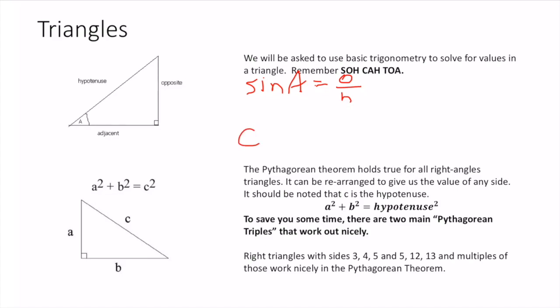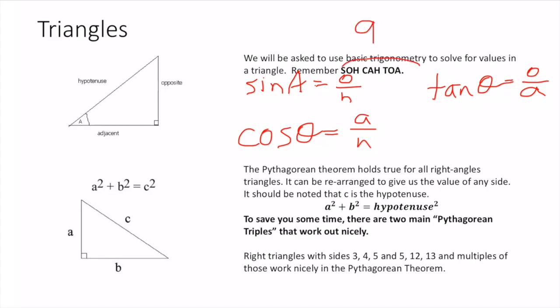Cos of any angle equals the adjacent side over the hypotenuse, and the tan of any angle equals the opposite over the adjacent. Real quick reminder, we only use SOHCAHTOA when we're dealing with 90-degree triangles. If it's not 90 degrees, we can't use SOHCAHTOA anymore.